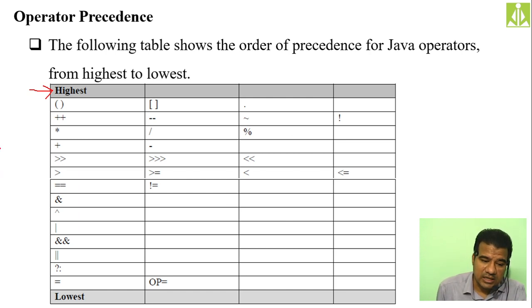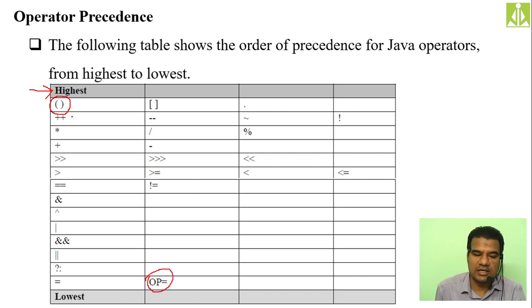So that means this operator has the highest priority inside your precedence table, and whatever operator we have over here has the lowest priority in the precedence table.